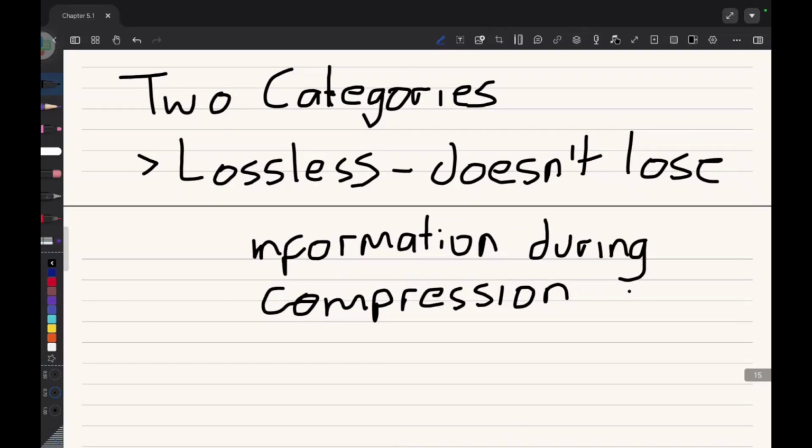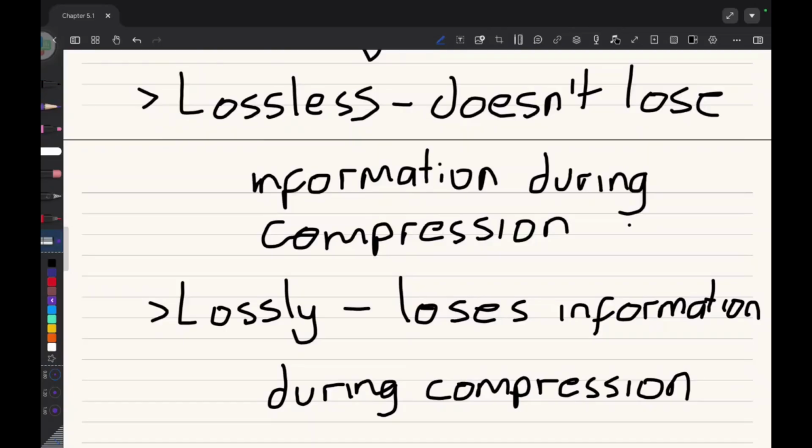And then we also have the lossy, which is just the opposite of this one, which loses information during the compression process.